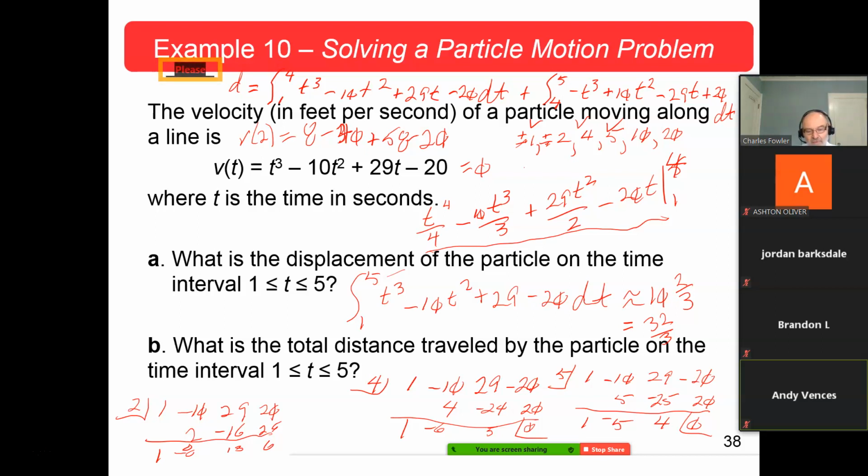Divided by 4, minus 10 times 4 cubed, which is 64, divided by 3, plus 4 squared is 16, half of 16 is 8, 29 times 8, minus 80.